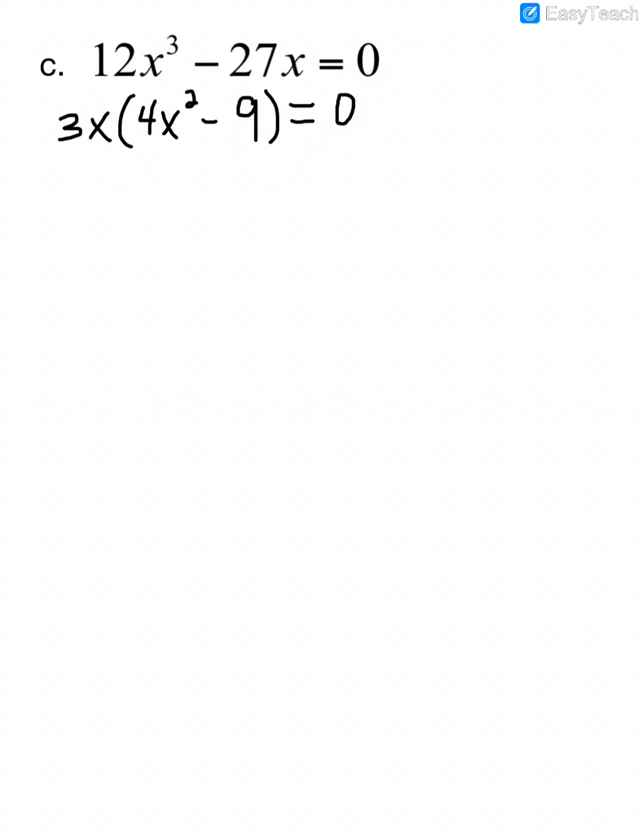And then we want to look to see if we can factor any farther. Well, that 4x squared minus 9 is a difference of perfect squares. So that would factor into 2x plus 3 and 2x minus 3.